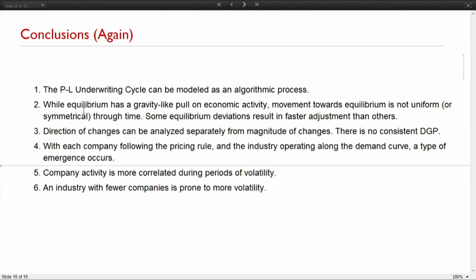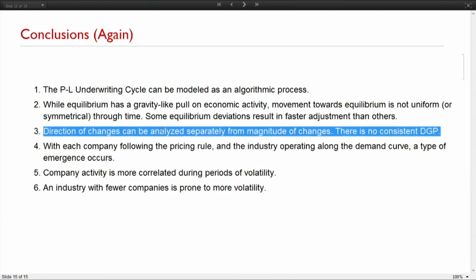When it comes to economics, there's always 1,000 factors you can't even figure out that influence these things. And so I'm really just trying to say that we'll analyze the changes separate from the magnitude of the changes. There's no data generating process.